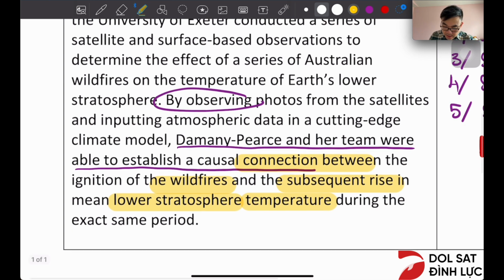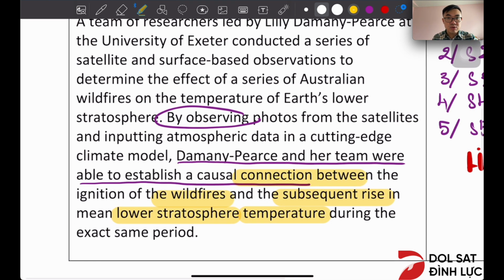So we can see that they could establish a connection between certain environmental events and subsequent temperature rise. Something like that. So there is a connection between certain events and some consequence that follows, okay?